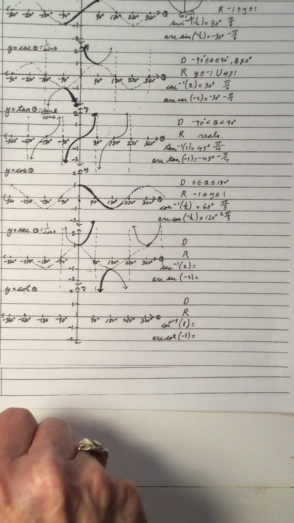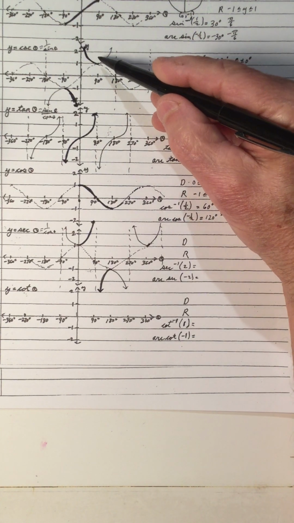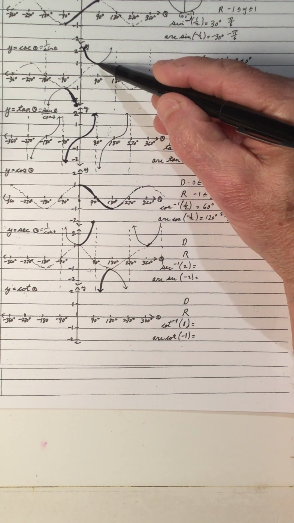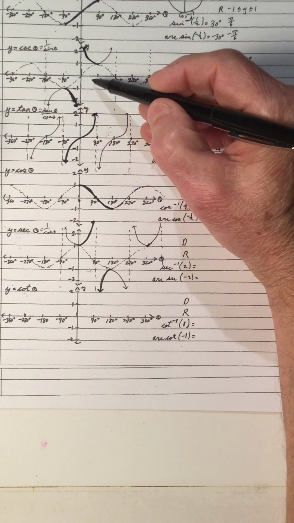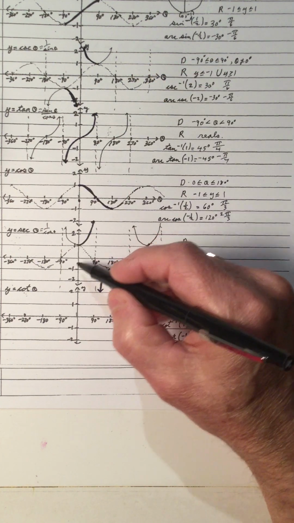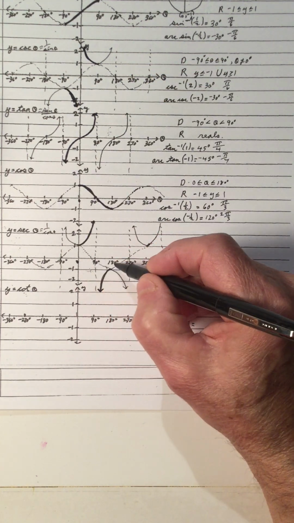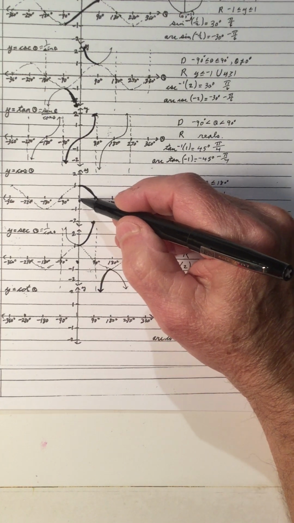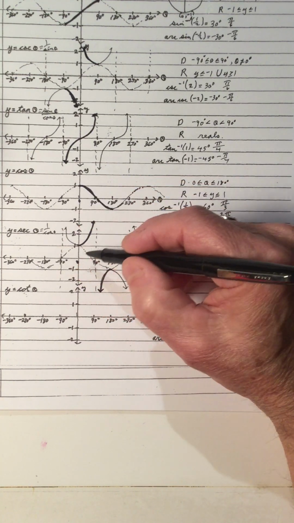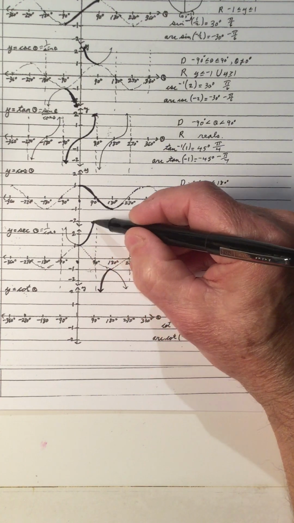So I have to do a restriction. When I do cosecant, I know the restriction is negative 90 to 90, and when I do it here, it's from 0 to 180. So cos is from 0 to 180, so secant is going to be from 0 to 180. There's the restrictions.